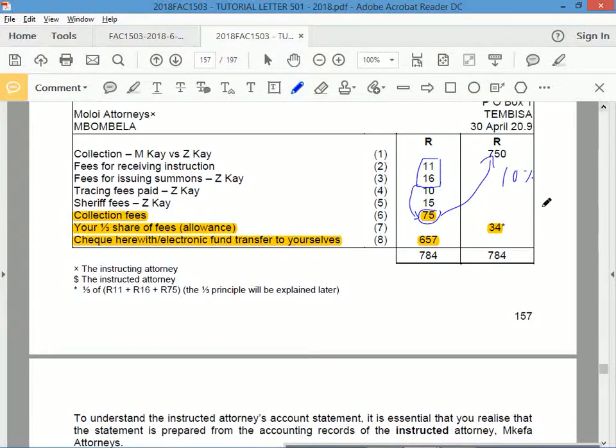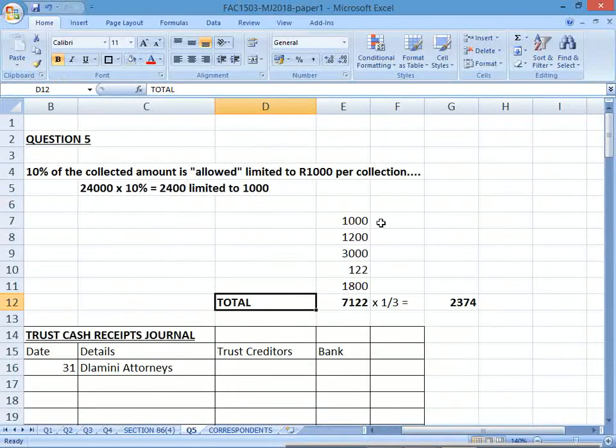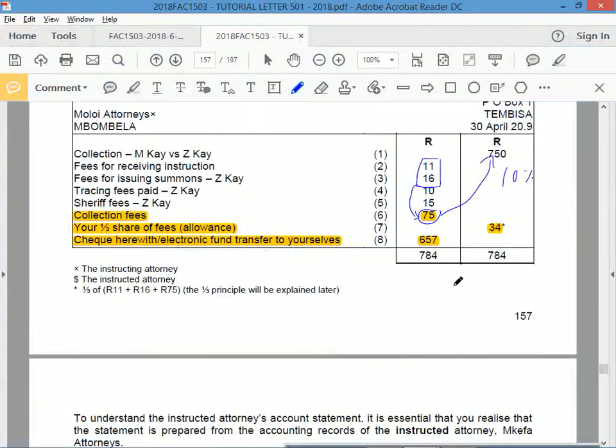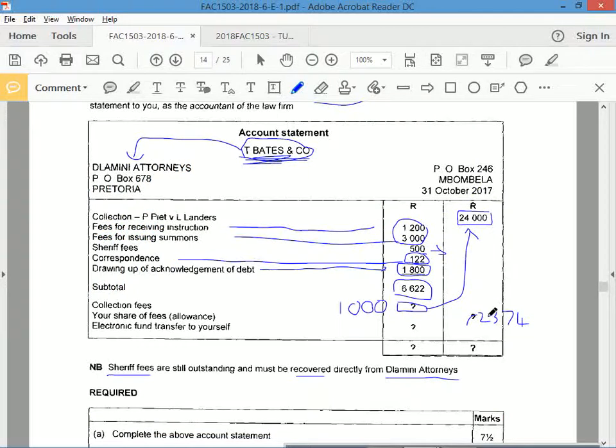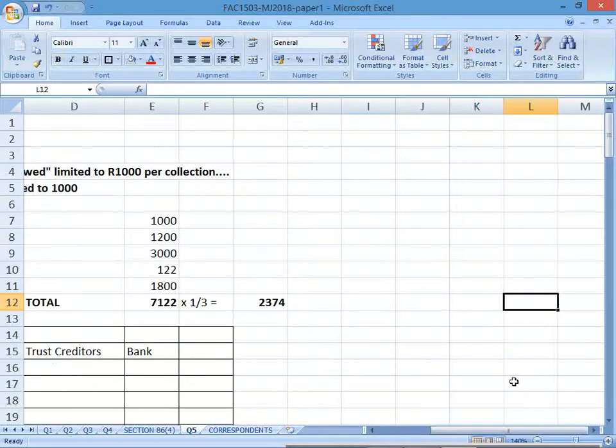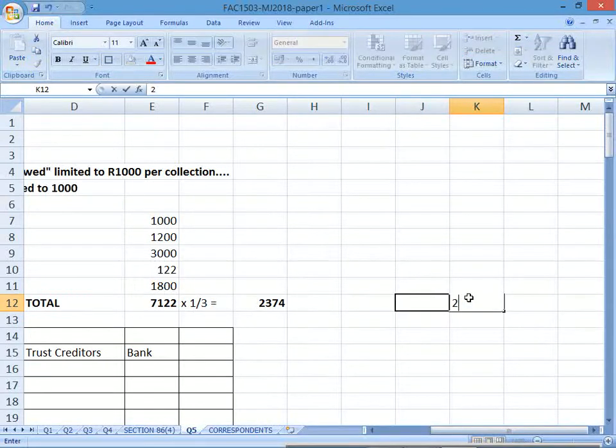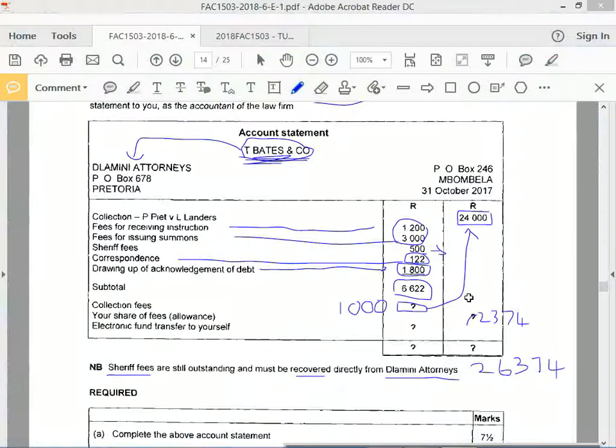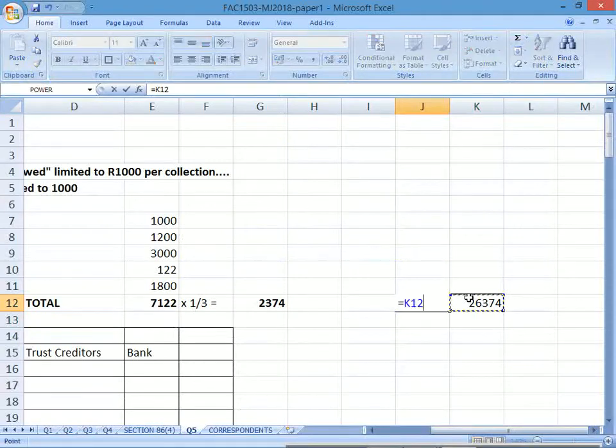The difference we need to add up. Your right hand side is bigger than the left hand side. We're going to have to add up 24,000 plus 2,374, that'll be 26,374.